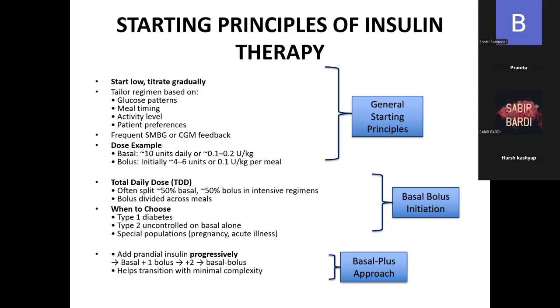Now we will cover the advanced techniques, or the advanced studies carried out for diabetes mellitus and insulin analogs.